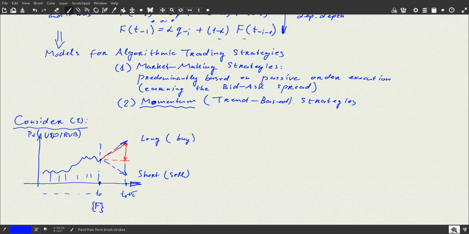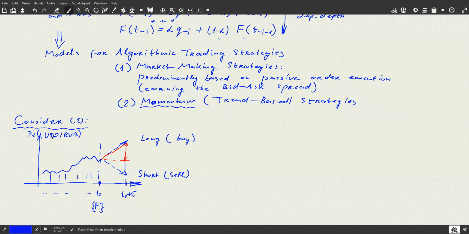So if you sell USD ruble, it doesn't mean that you need to deliver it immediately to your counterparty who bought it from you. What you do instead, you may sell it when you don't have it. At time t0 plus 2, the price falls, and then you buy it back from the market at a lower price.